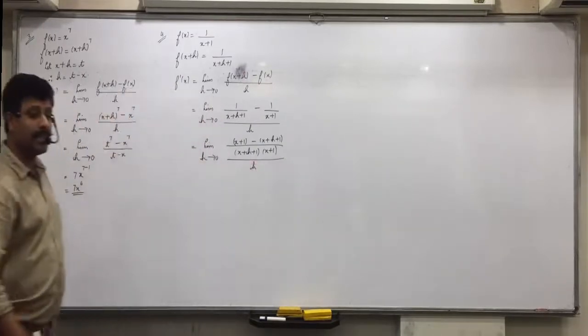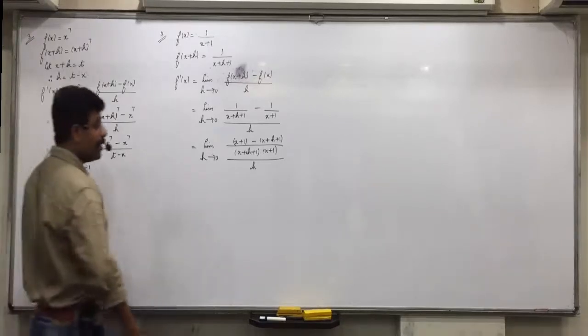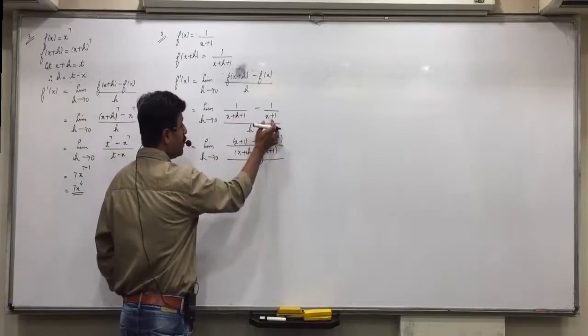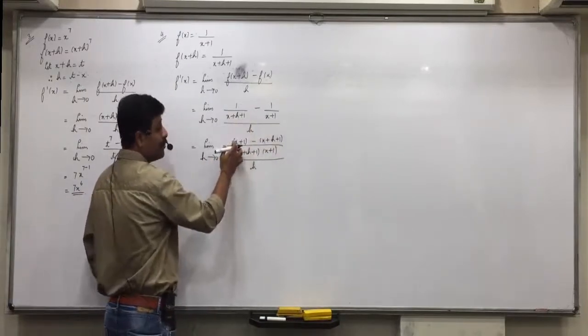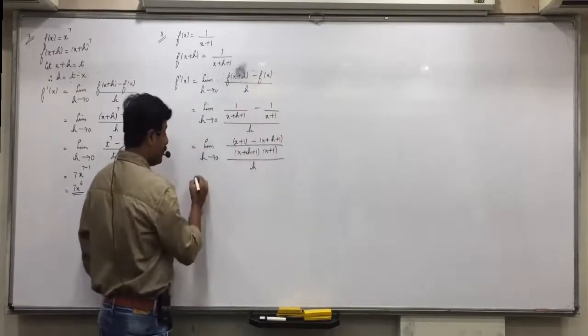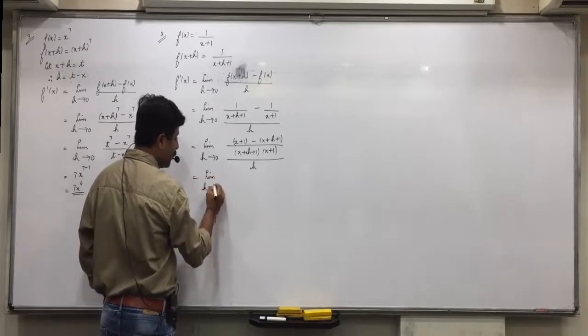Is everyone clear with this? Anyone having any confusion with the LCM, raise your hand. Okay, x plus h plus 1 into x plus 1 is the LCM, and cross multiply x plus 1 into 1, x plus h plus 1 into 1. That equals to limit h tends to 0.